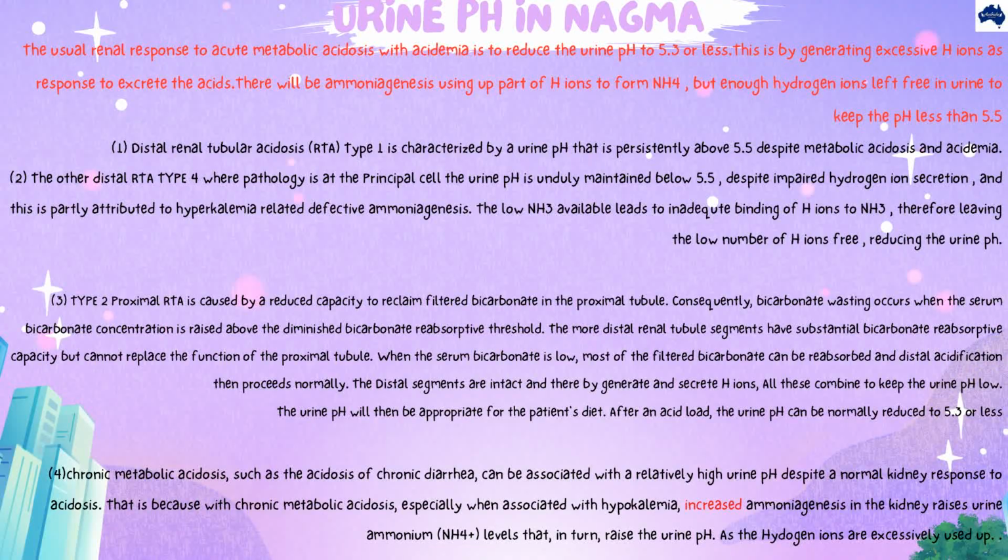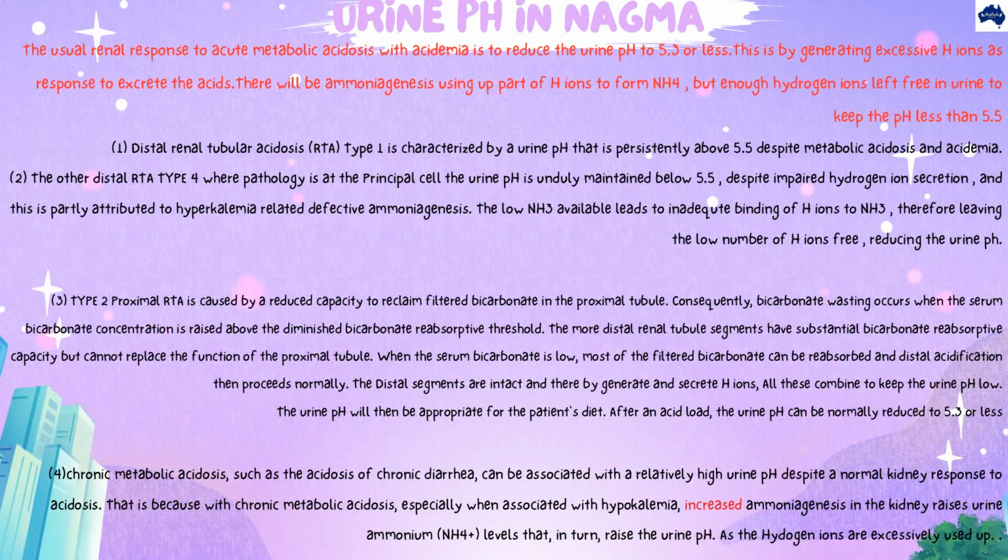As we discussed in the previous slide, the appropriate renal response to chronic metabolic acidosis with acidemia is to secrete hydrogen ions and reduce the urine pH to less than 5.3. There would be ammonogenesis, there would be using up of hydrogen ion, but there would be enough hydrogen ion secreted to keep the urine pH less than 5.3. That is normal physiology.